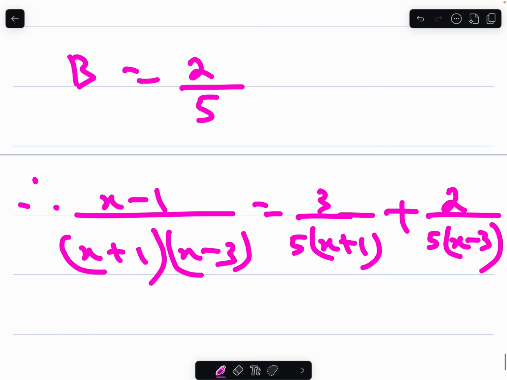And that's it very, very simply. That is the method of comparing coefficients.